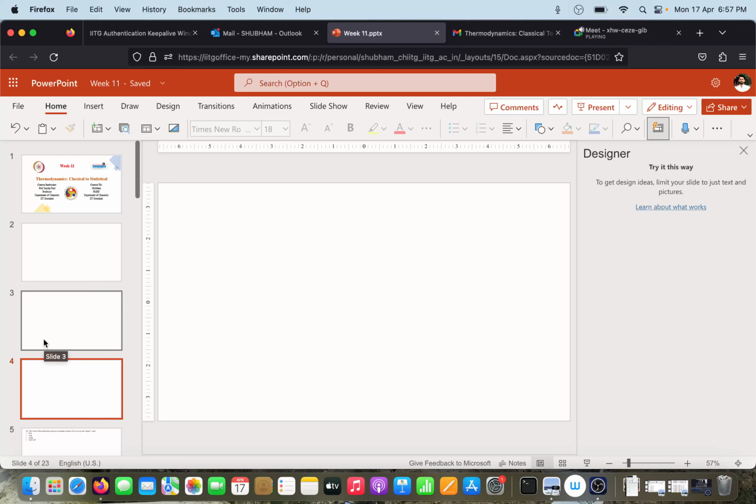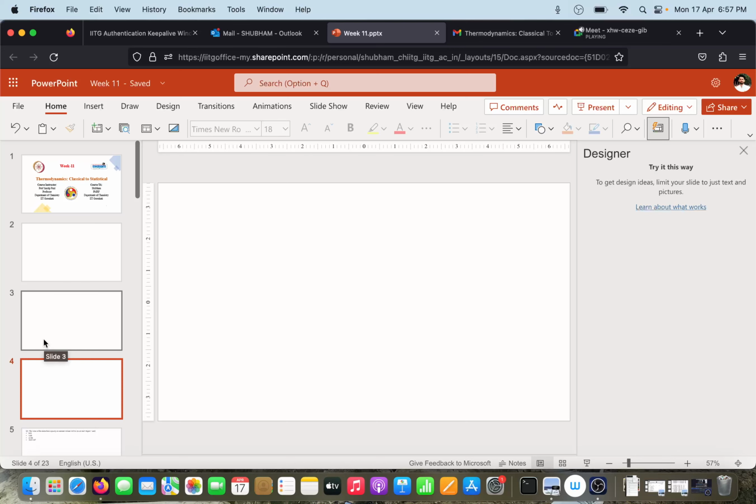First, when temperature and pressure are given, we will apply this formula: delta S is equals to N Cp ln T2 by T1 minus N R ln P2 by P1. So this is applied when the temperature and pressure are given.